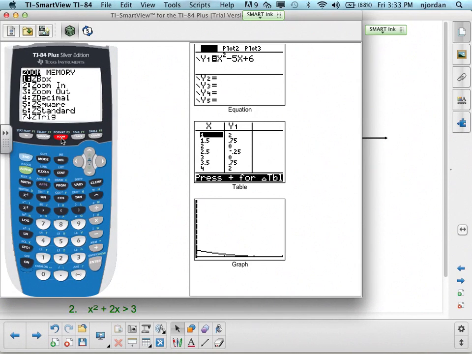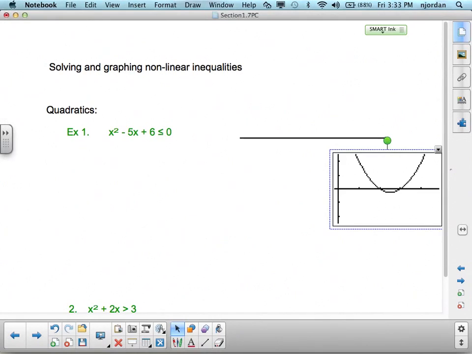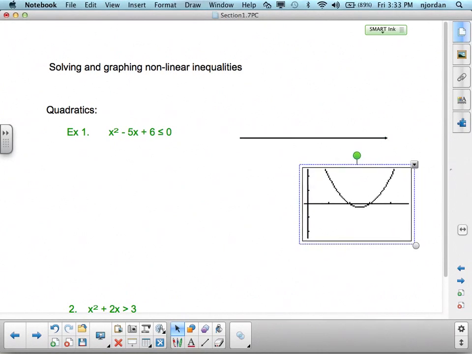I'm going to zoom in a little bit here. Primarily what we're looking for here is where the quadratic falls below the x-axis, okay? And it's only in a little tiny region here between here and here, okay? So what we want to do, let me drag this over to the smartboard, okay?